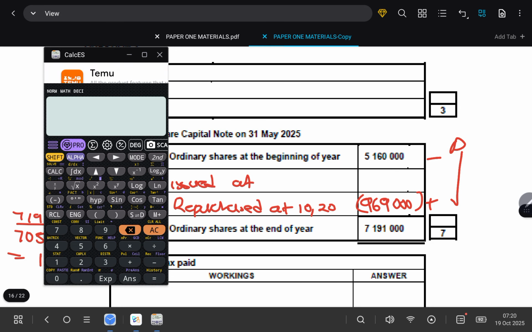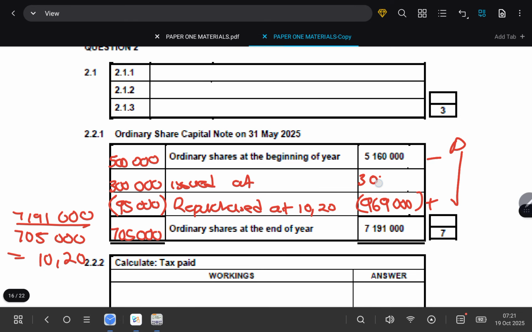So we say 7,191,000 plus 969,000, and then minus 160,000, which gives us 3 million. So the total money that was raised from those shares is 3 million.